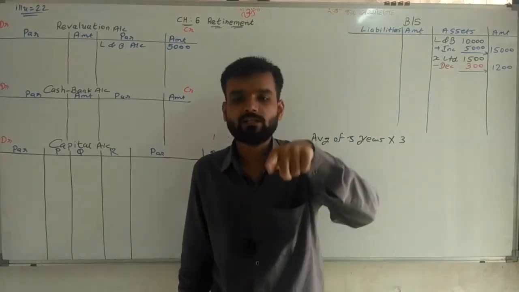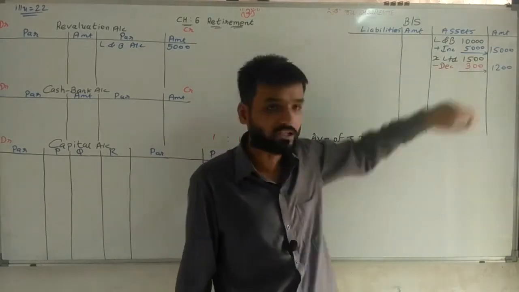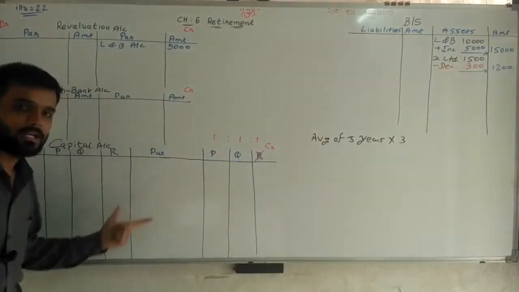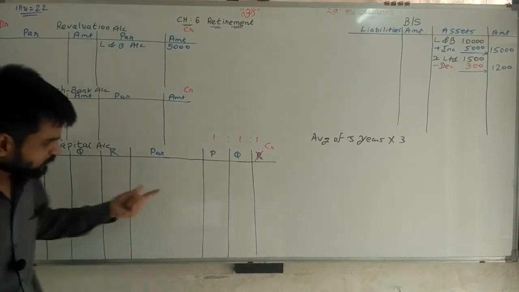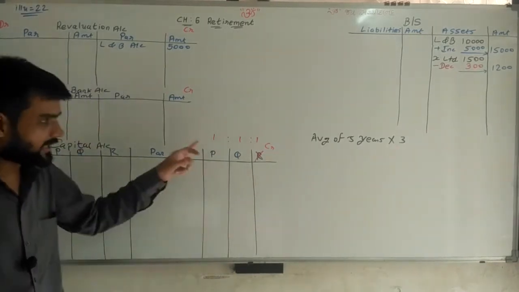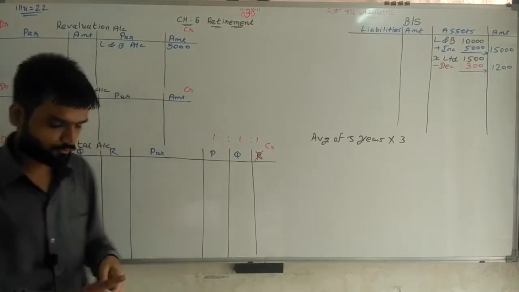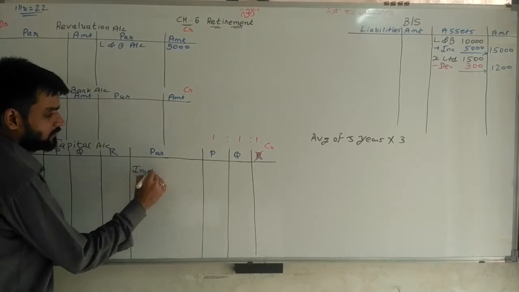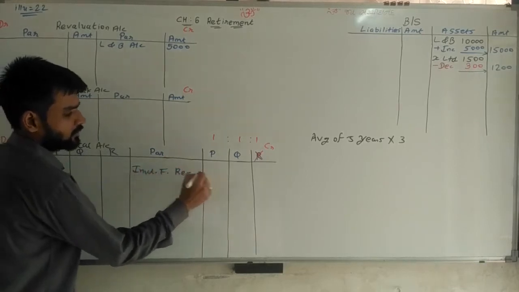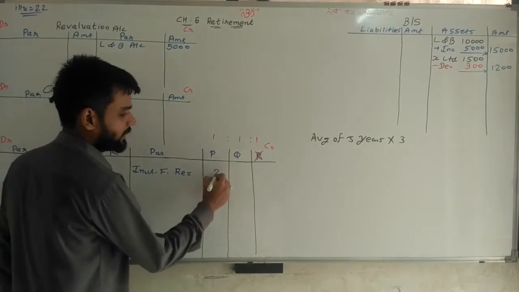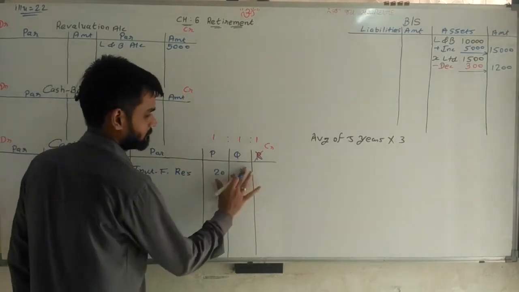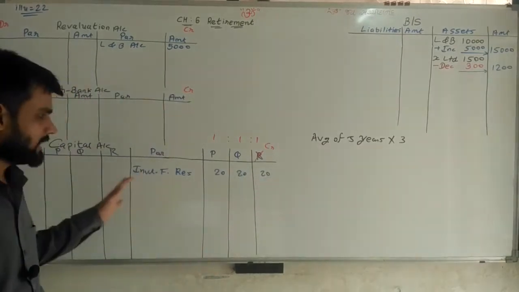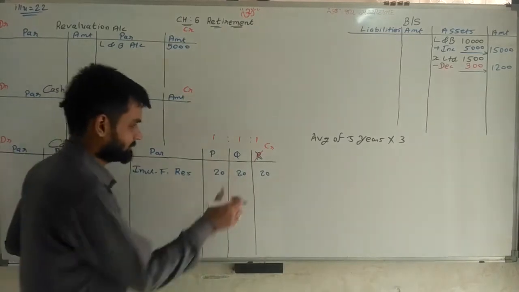So from the 360 rupees investment fluctuation fund, we are utilizing 300, remaining 60 rupees, and that 60 rupees we are distributing among the partners in equal ratio, because the old ratio is equal. So 20, 20, 20. That's it.